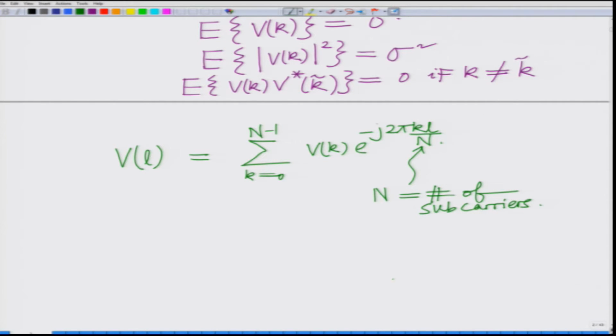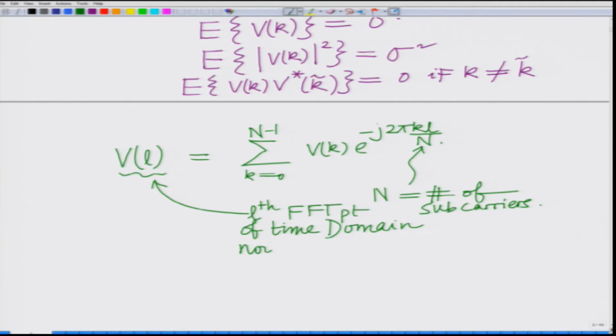So, this VL is the Lth FFT point of the time domain noise samples.